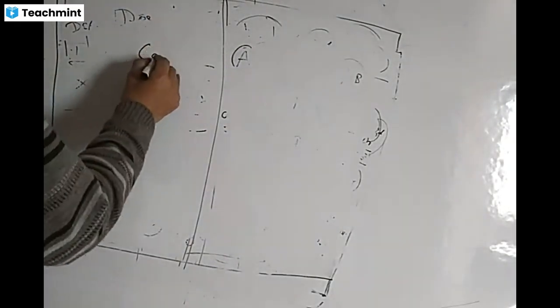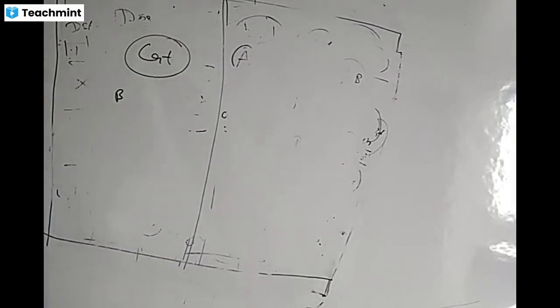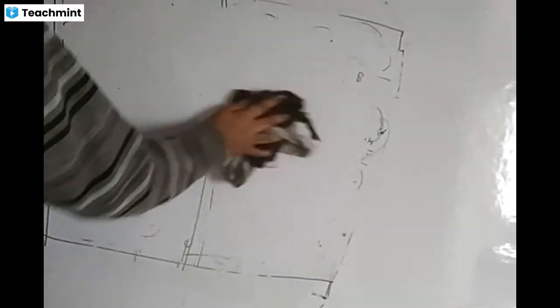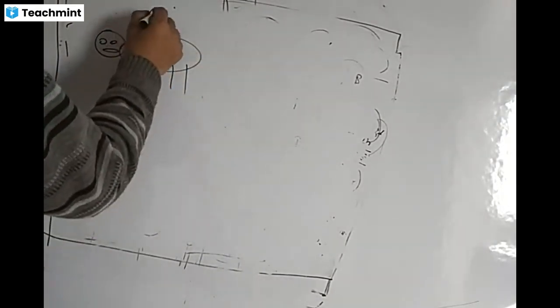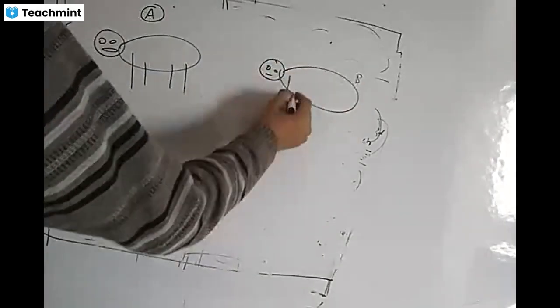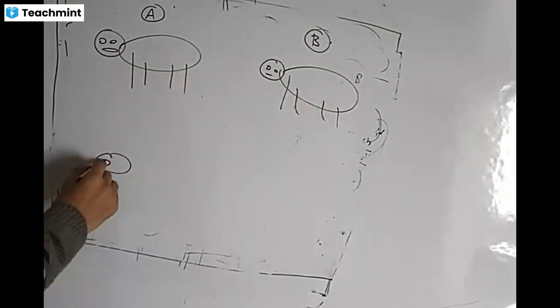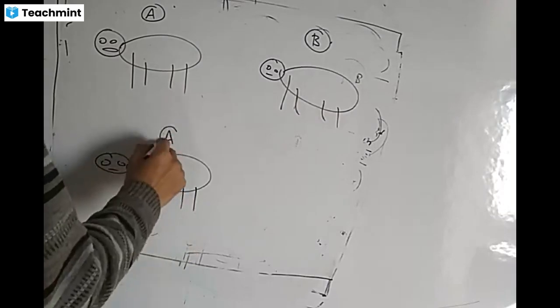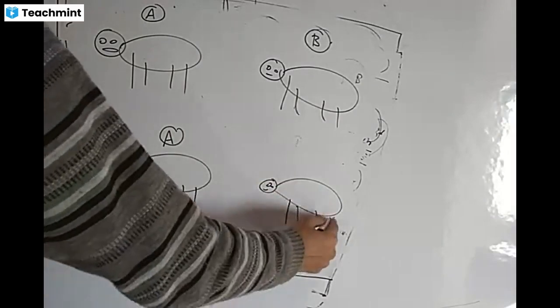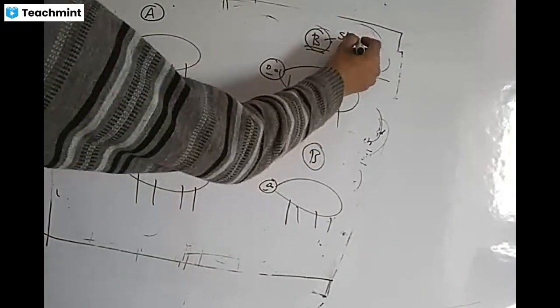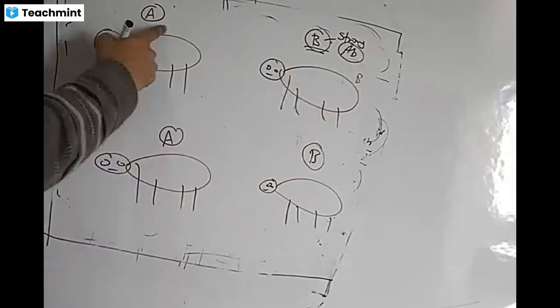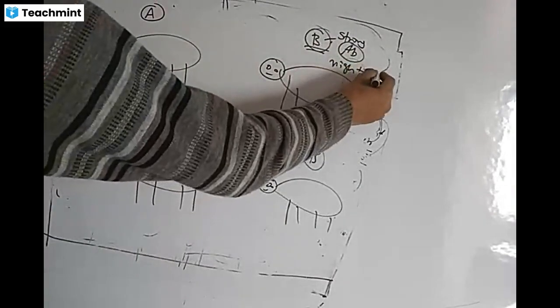In case of cat, so this is the cat with blood group A, and this is the cat with blood group B. Again, there is one cat with A and one is with blood group B. Cat B has strong antibodies against A, and these are in high titer, high concentration.